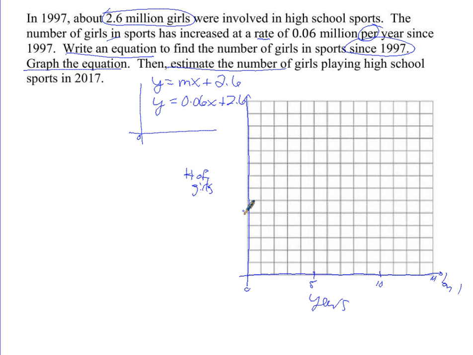I got to come up with some sort of scale here as well. By ones? By 1 millions? I can go by ones, I can go by halves, I can go by whatever I want to go by.